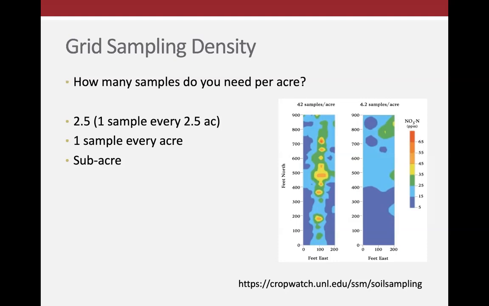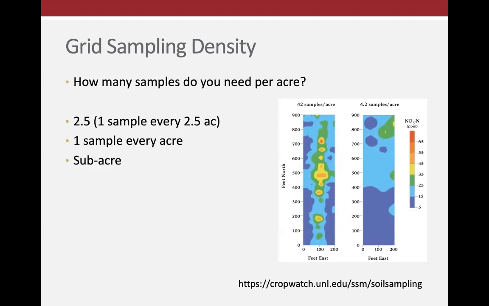But then we can go even crazier and increase the density by 10. So instead of 4.2 samples an acre, we do 42 samples an acre, which is what you might do for research, but no farmer's ever really going to do that.